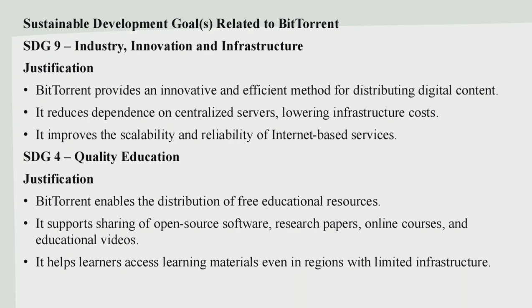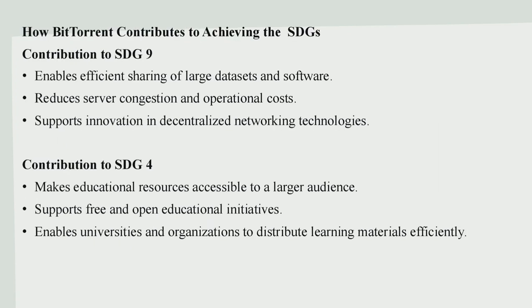Contributions to SDGs. BitTorrent contributes to achieving these SDGs in several ways. For SDG 9, it enables efficient software distribution, reduces server congestion, lowers operational cost, and supports digital innovation through decentralized networking. For SDG 4, BitTorrent helps universities and educational organizations to distribute large educational resources quickly and efficiently.